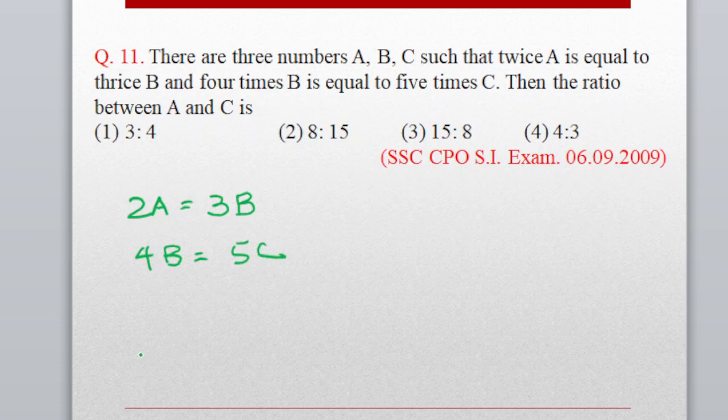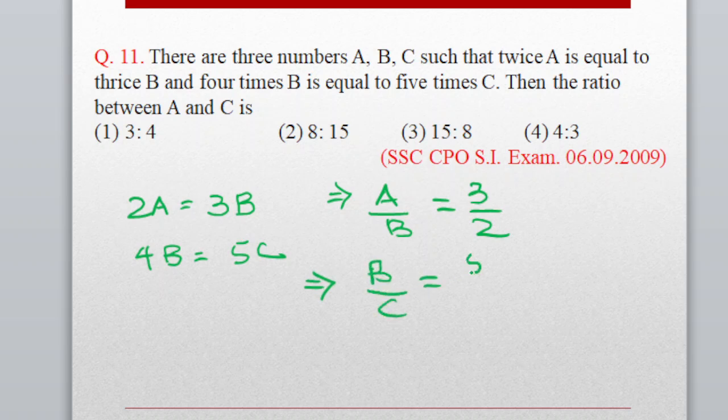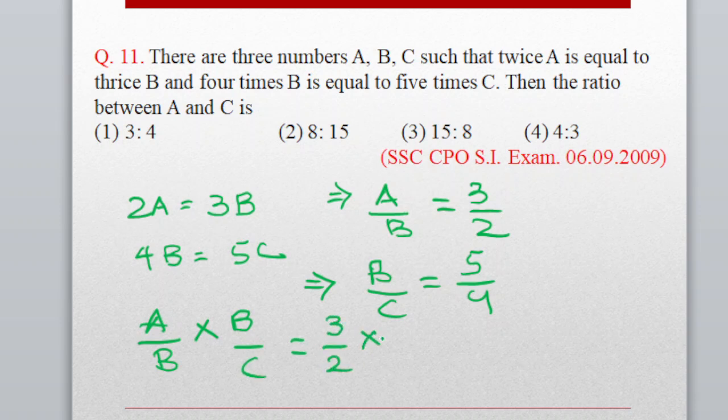Then the ratio between A and C is, now here it can be written as, this implies A by B is equal to 3 by 2. And again this can be written as B by C is equal to 5 by 4. So now A by B into B by C is equal to 3 by 2 into 5 by 4.